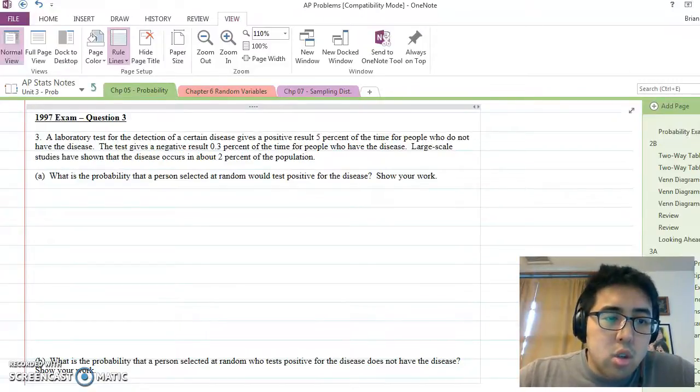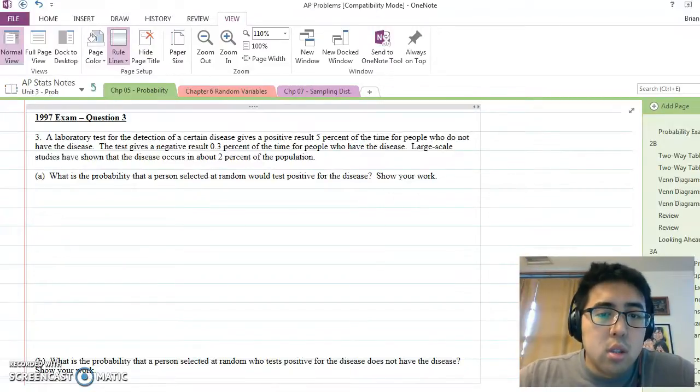Large-scale studies have shown that the disease occurs in about 2% of the population. What is the probability that a person selected at random would test positive for the disease? Show your work. And part B is, what is the probability that a person selected at random who tests positive for the disease does not have the disease? Show your work.